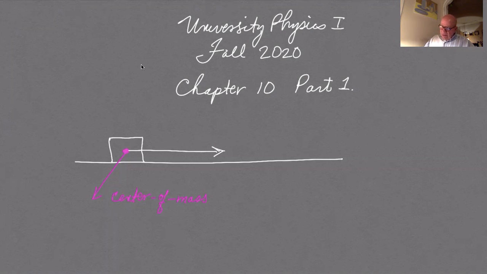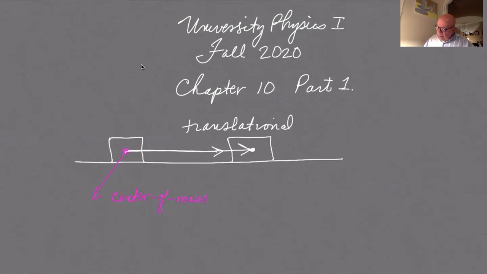Okay, and so we've been dealing with motion, basically of the center of mass of the object, and we call this motion translational. So if the object moves from here to here, then we say that this is translational motion.